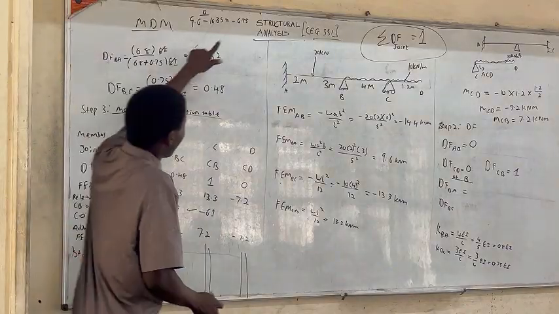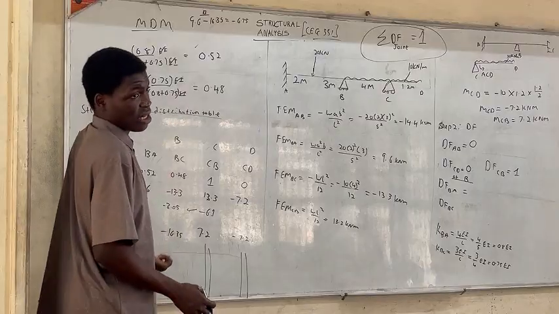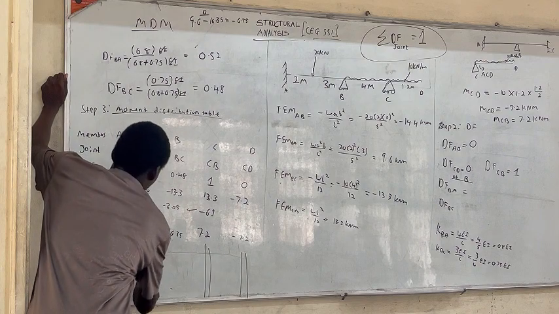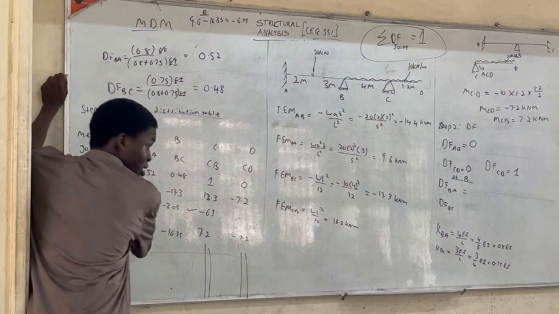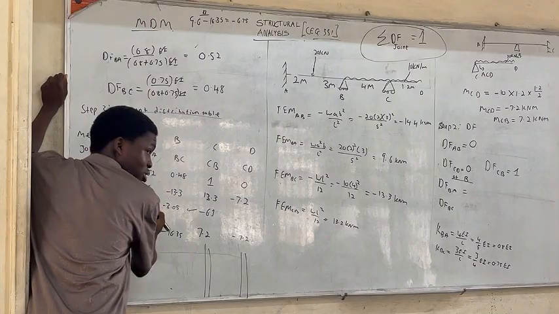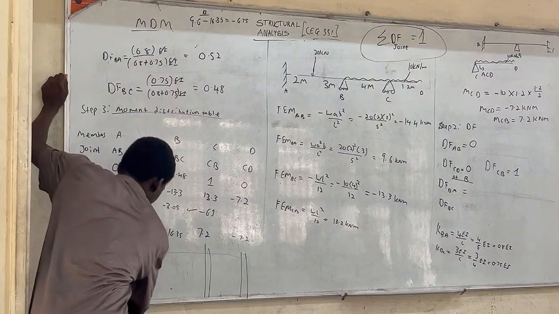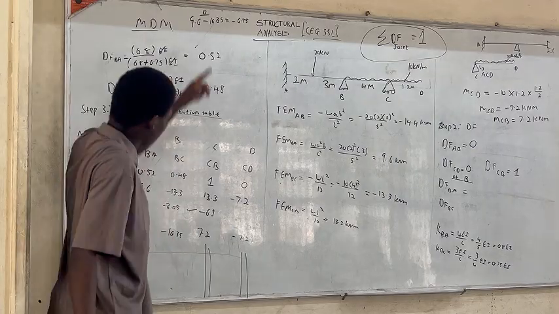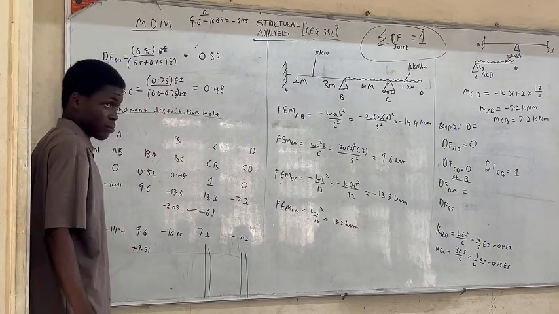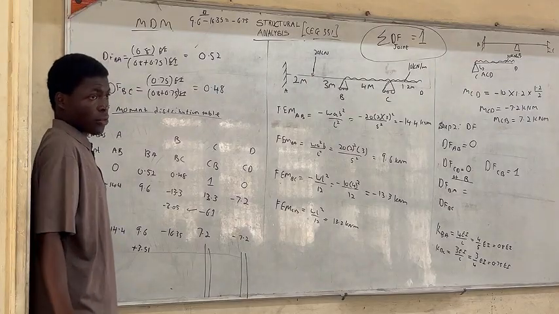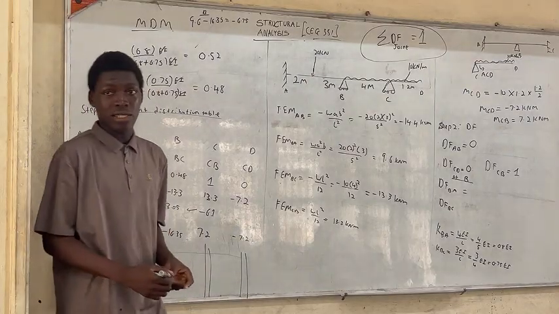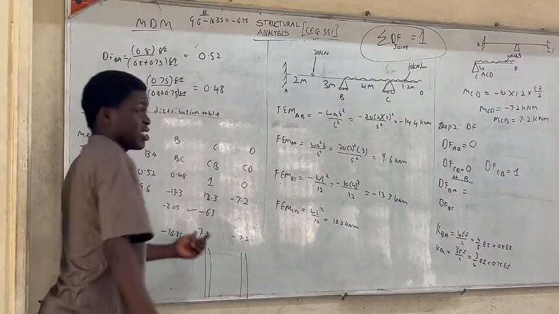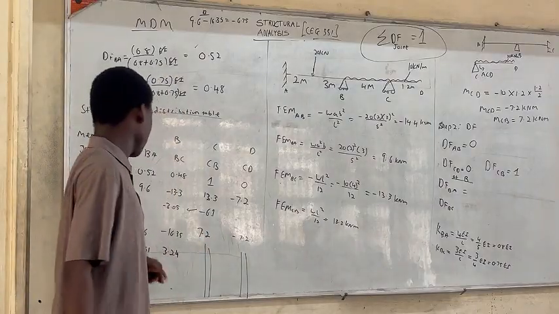If you are getting a minus, the entry is a positive answer. If you are getting a positive, the entry is a negative answer. So I'm having minus, so you're not multiplying by what you have. So I'm entering 3.5. So this value is 0.48. It's meant to be a negative, but we have to enter the positive outside.